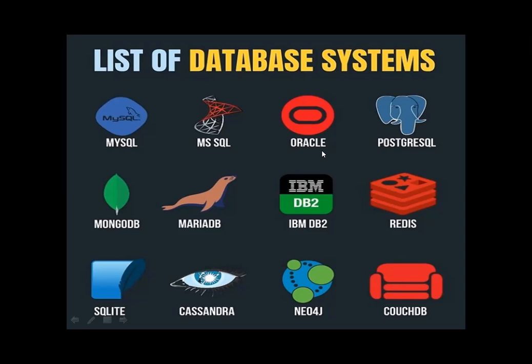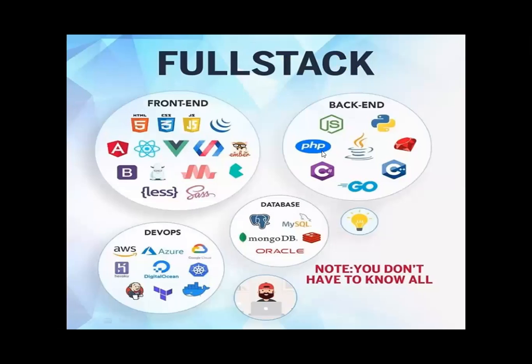So moving on to what is known as full stack development. Now, full stack development means that the person knows the front end, the back end, the database, and the deployment methods. In full stack also, you don't need to learn all these programming languages. You just pick up one framework.